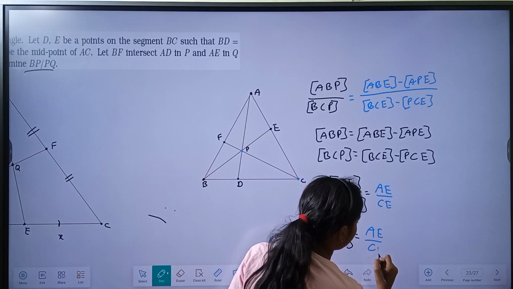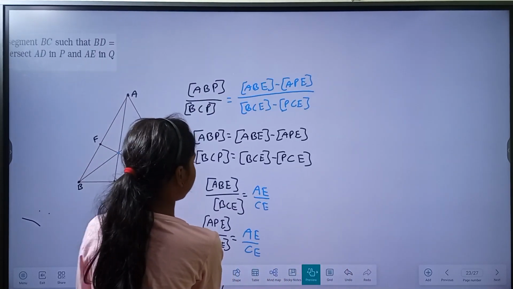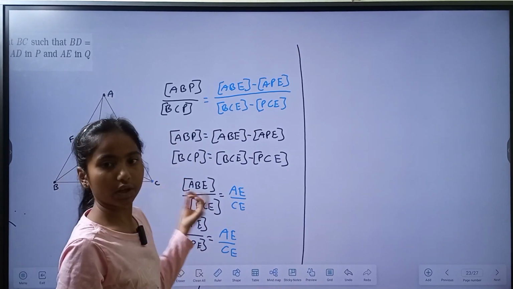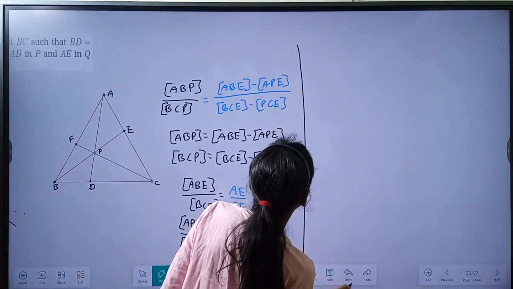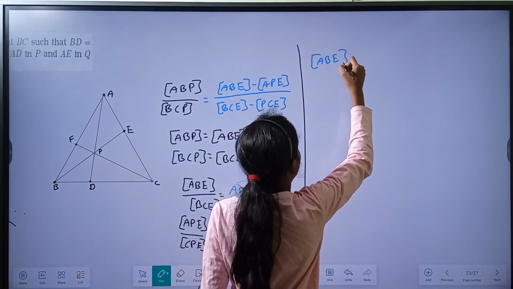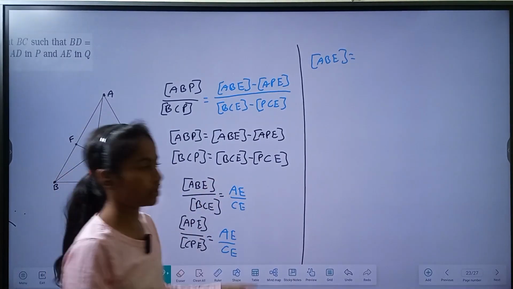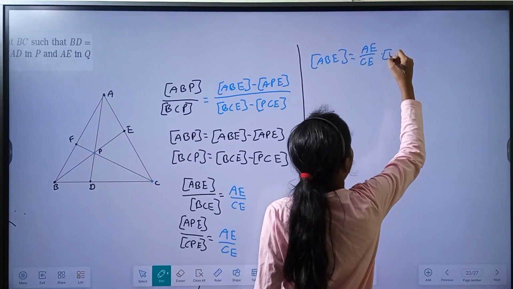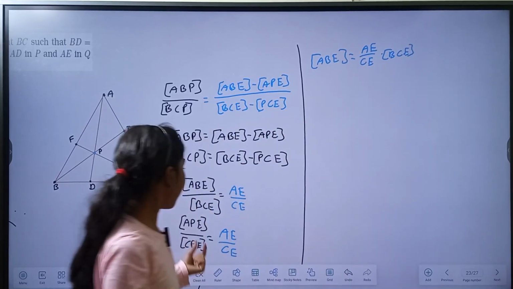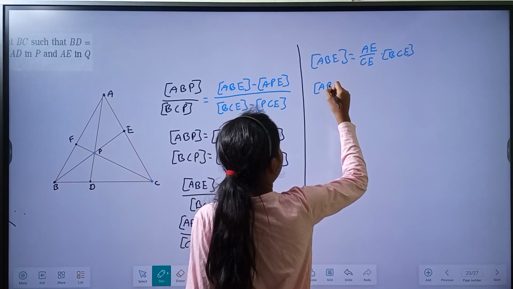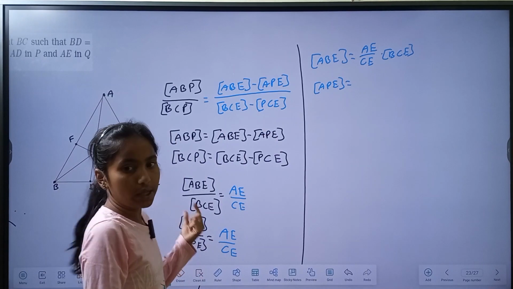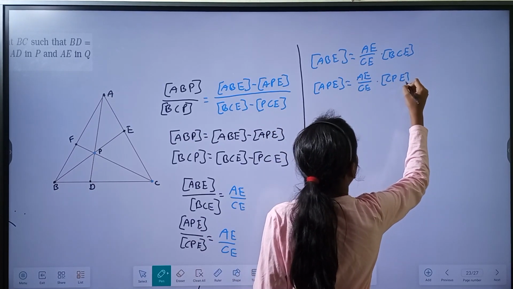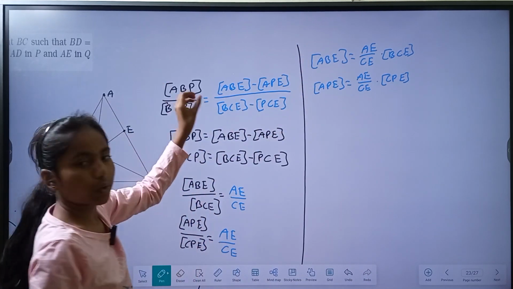From these two triangle ratios, we can write ABE equals AE by CE into the area of triangle BCE. Similarly, APE equals AE by CE into CPE. Now let us substitute these both values into the required ratio.